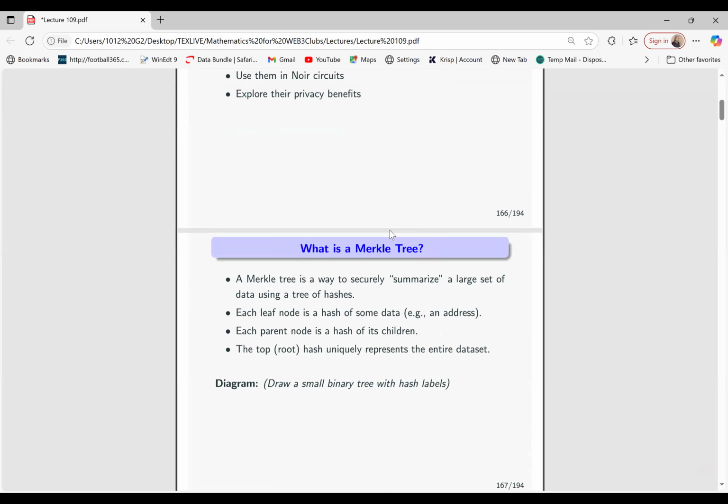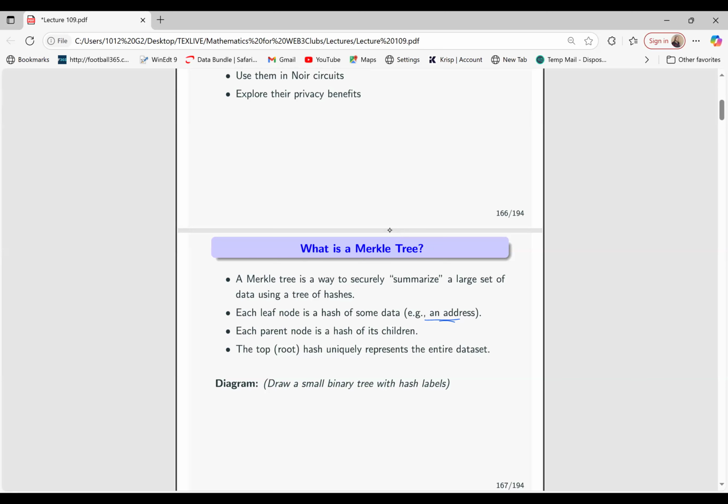to securely summarize a large set of data using trees of hashes. Now, this tree has leaves, and each leaf node is a hash of some data, e.g. an address. If the leaf is the address, that's what you want to prove.